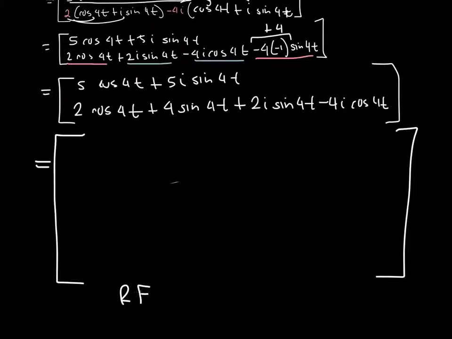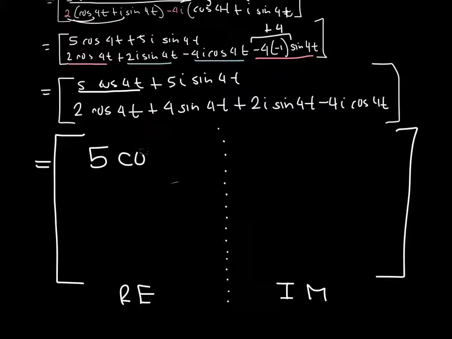My real part is going to go here and my imaginary part there. I want to be careful: these dots are not mathematical, they just separate the real and imaginary parts, but a plus bi is one number, not two numbers. The first row real part is 5 cosine 4t, already set up nicely, and the imaginary part is 5 sine 4t. You don't have to write the i in this step.